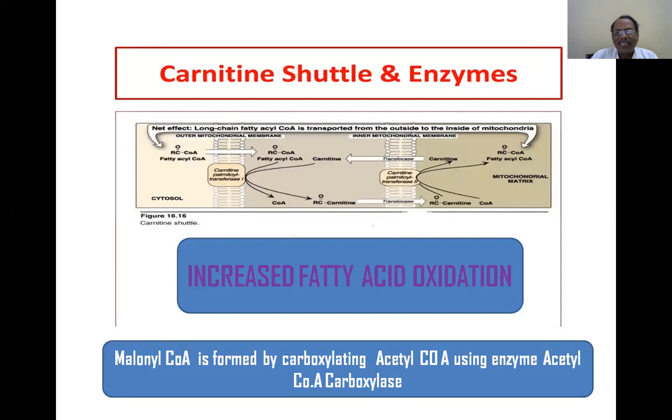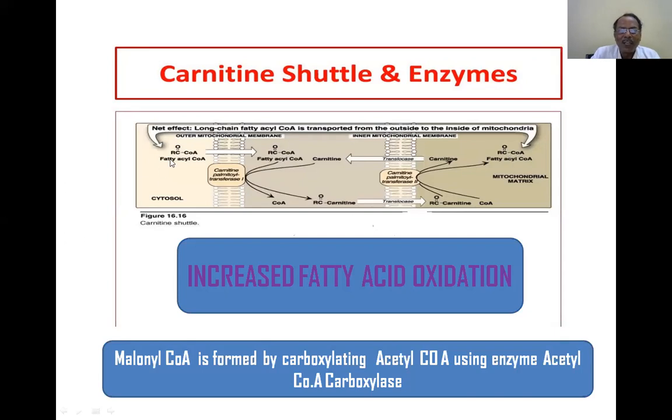And carnitine palmitoyl transferase 1 and carnitine palmitoyl transferase 2, two enzymes, are available in the outer and inner mitochondrial membranes. The fatty acyl-CoA is going to join carnitine, and while crossing the barrier of the two membranes of mitochondria, entering the inside of the mitochondria, the carnitine leaves the fatty acid, and again fatty acyl-CoA is going to be synthesized.